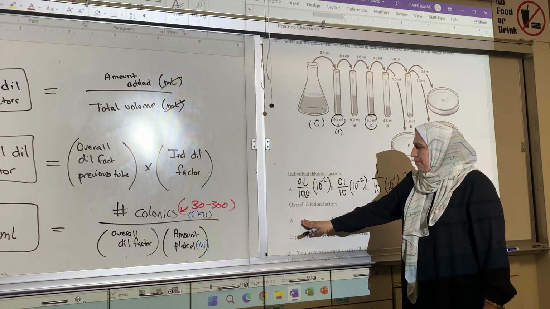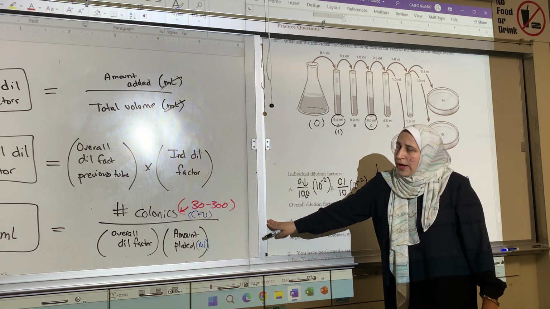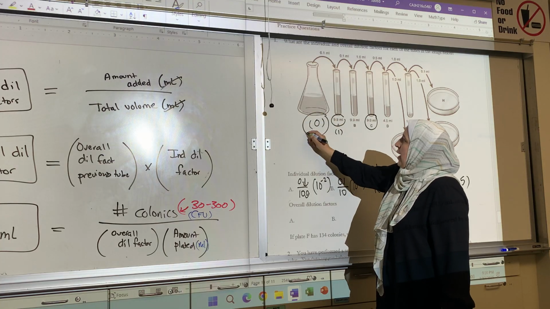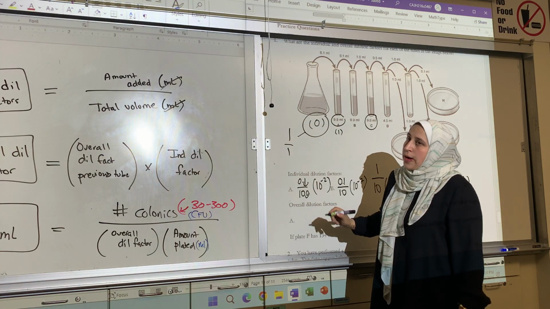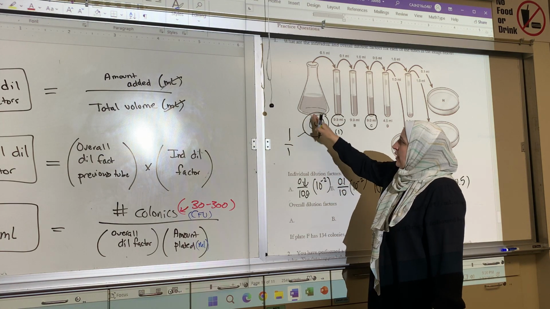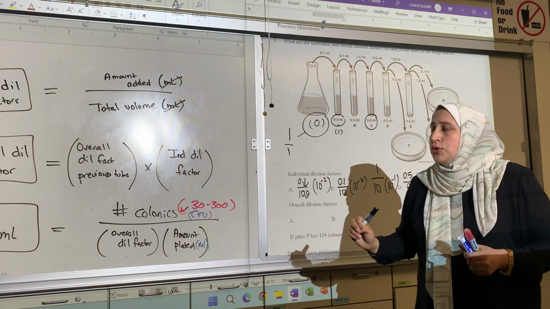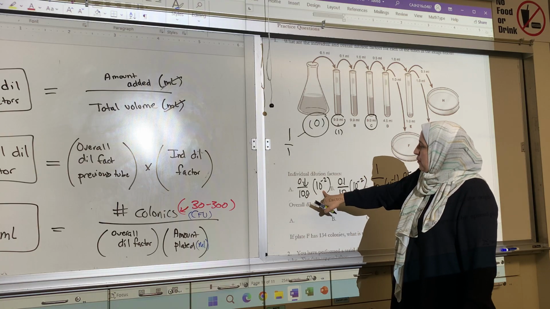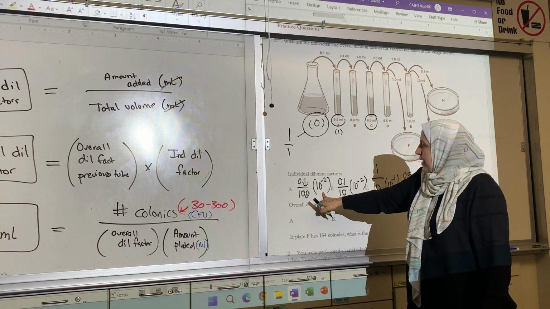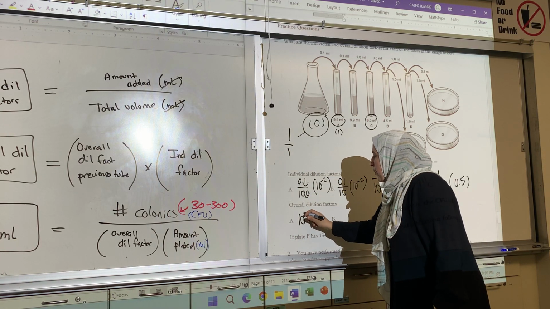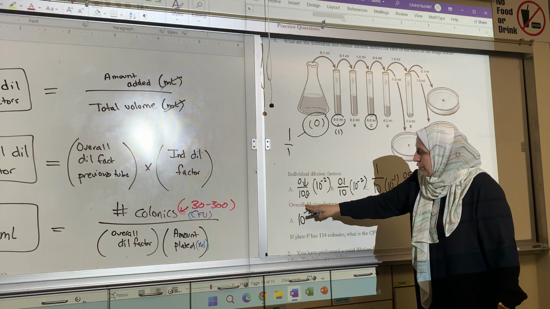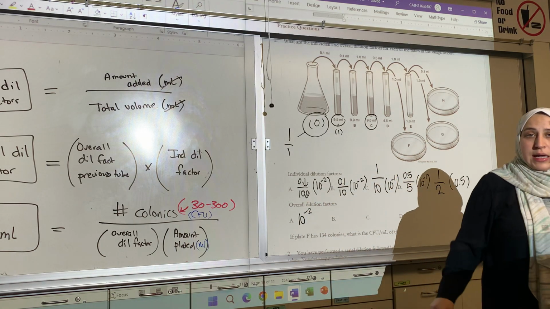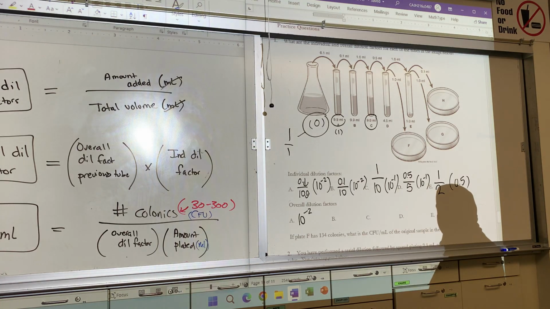So for A, well, what's the previous dilution factor? Remember that 0 has a dilution factor of 1 over 1, okay? And so that's our original culture or original slurry of bacteria. And so we would just multiply the 1 by the 10 to the negative 2. And so A's overall dilution factor is the same as A's individual dilution factor. Okay?